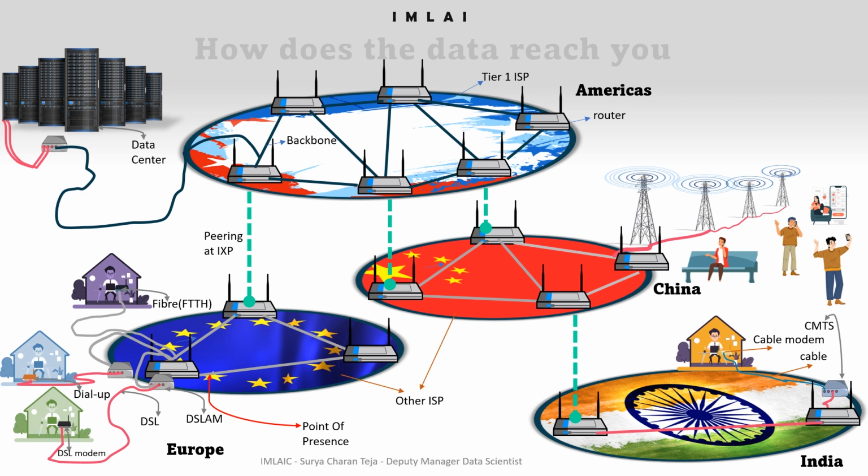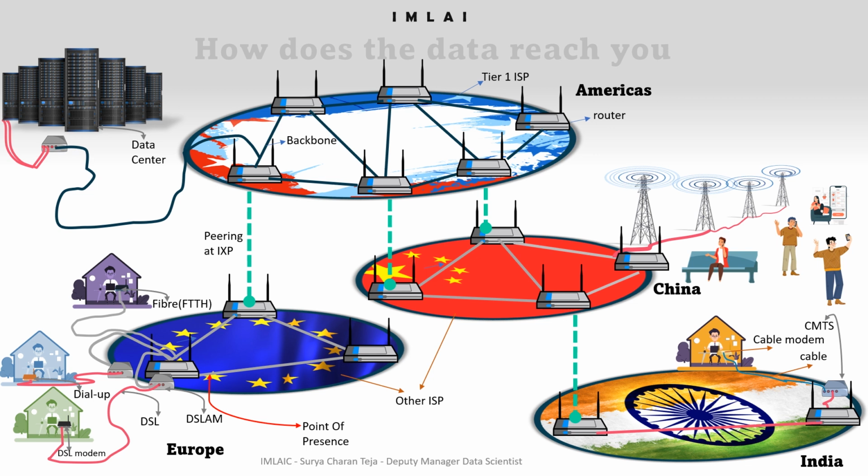By and large, we have seen all the concepts related to the internet architecture. Now it's time to take a few examples to understand how data reaches you. This ends our quick tour of the internet.